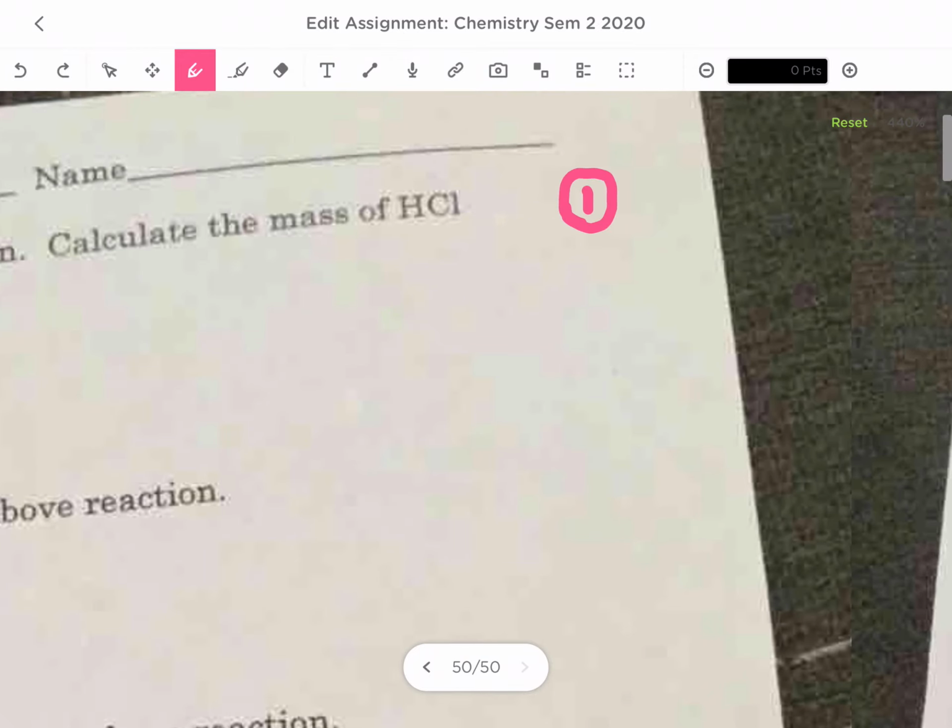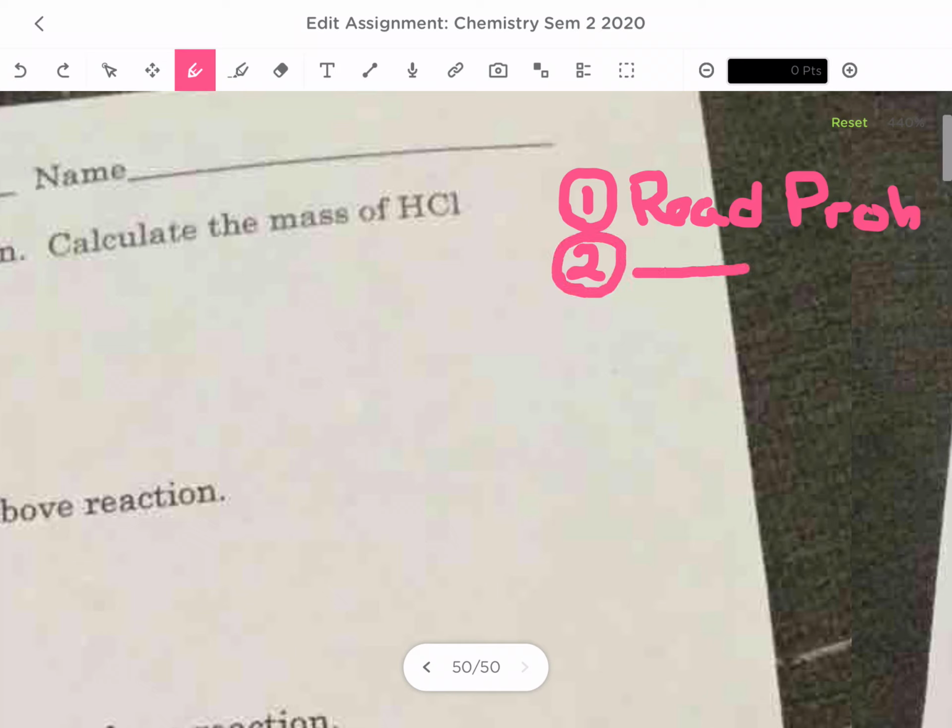Number 1 was read the problem. Number 2 was single underline the information you are given. Number 3 was double underline what you were trying to find.